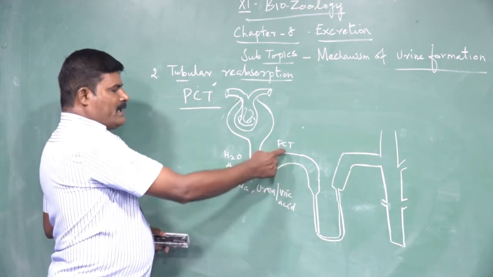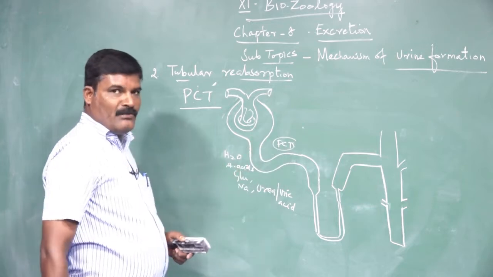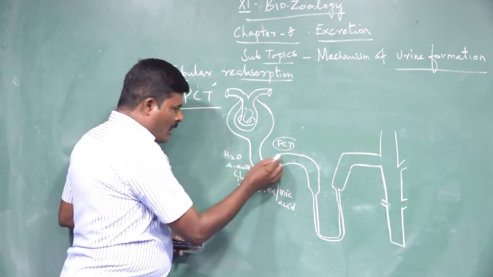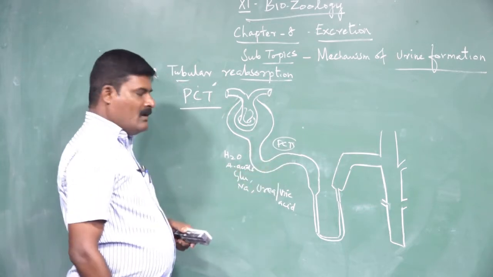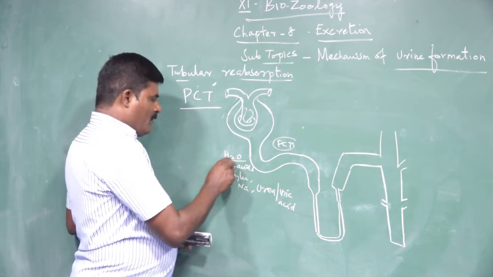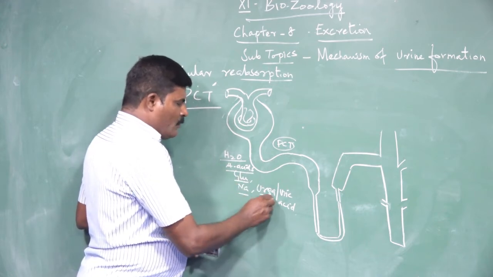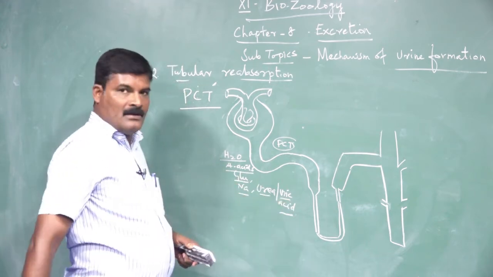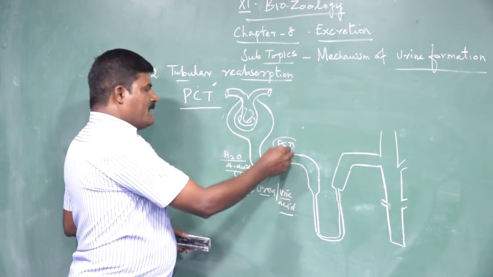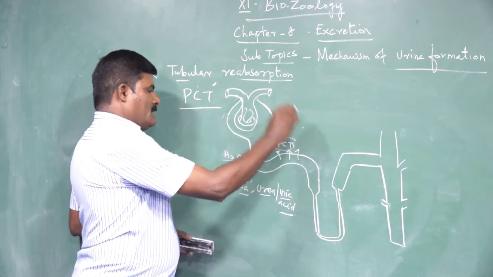These compounds are reabsorbed in the epithelial cells of the PCT because the wall of the proximal convoluted tubule easily absorbs these compounds. Most of the water, amino acid, glucose and sodium is reabsorbed, and a small amount of urea and uric acid is reabsorbed here from the glomerular filtrate.